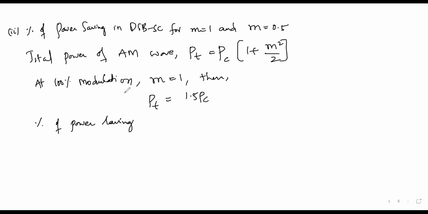So now this carrier is suppressed. Percentage of power saving will be equal to the carrier power divided by the total power. So that will be equal to PC divided by 1.5 PC. So we'll get 1 by 1.5. How much you will get? 1 divided by 1.5.